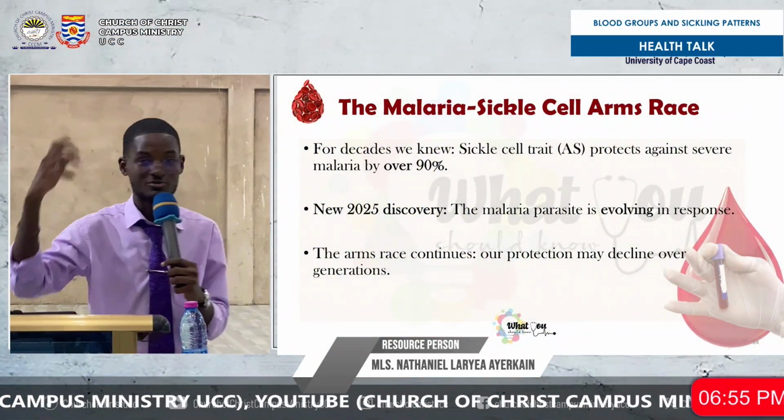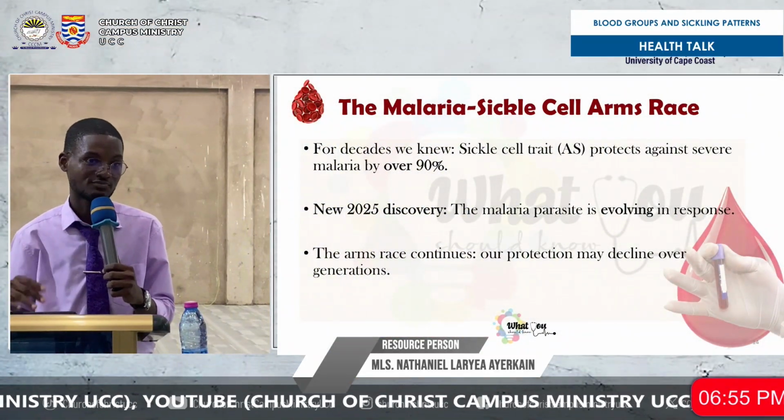People who were AS once upon a time were not really affected by malaria. They would say, I could be AS, malaria won't be serious for me. Once upon a time it was true. Now it's not true anymore.